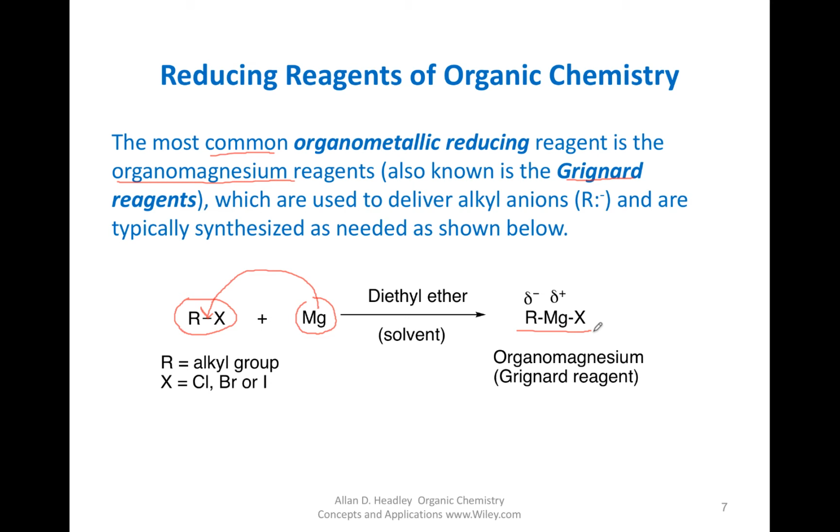RMgX. The outcome, however, is that this R is partially negative. It has a pair of electrons closely associated with it, which makes it a good reducing agent.